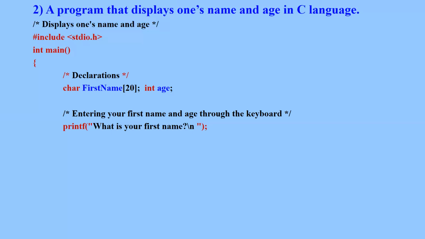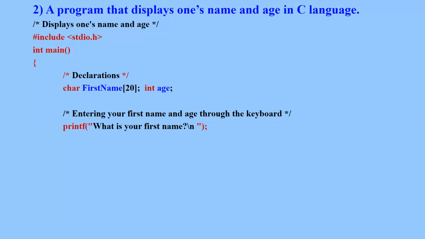So this statement tells the processor to display this message on the screen and move one line below the statement. After the statement, what is your first name, is displayed on the screen, the cursor will be blinking. There will be a blinking underscore.